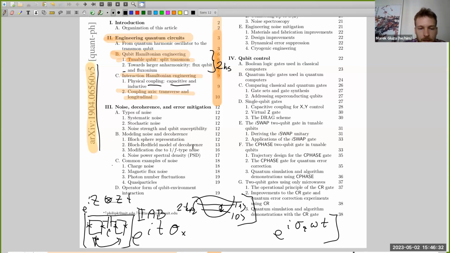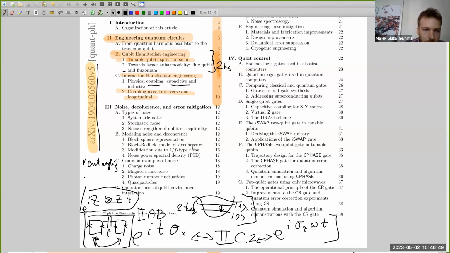And then section 2C.2 is this longitudinal versus transversal couplings. And the interaction, which is an important term, entangling gate.